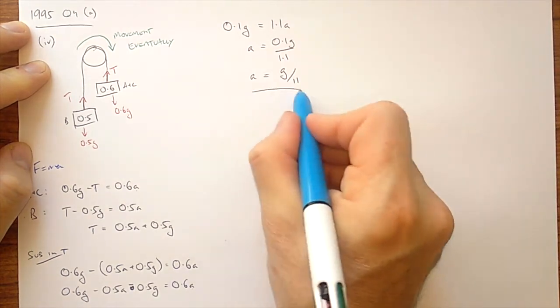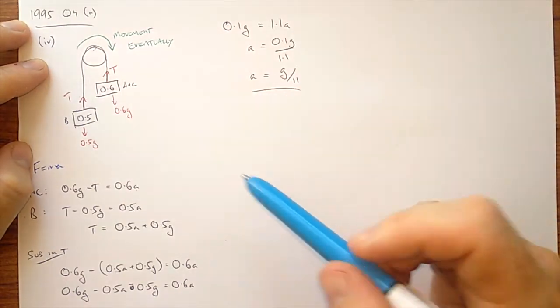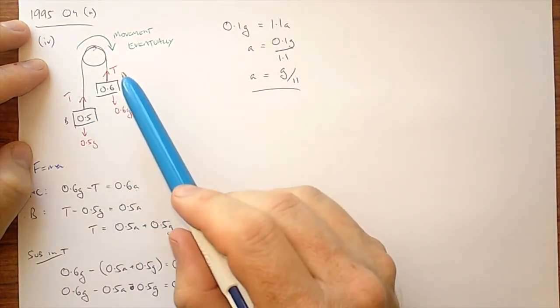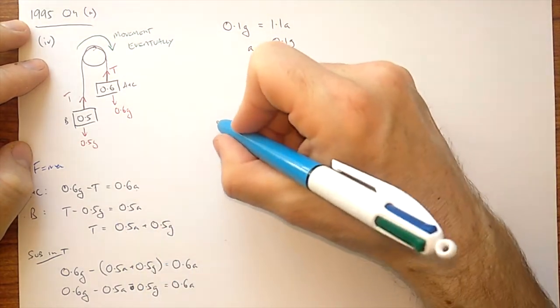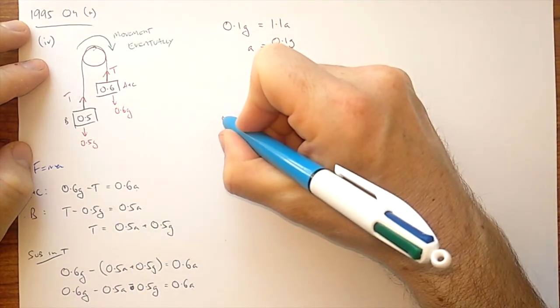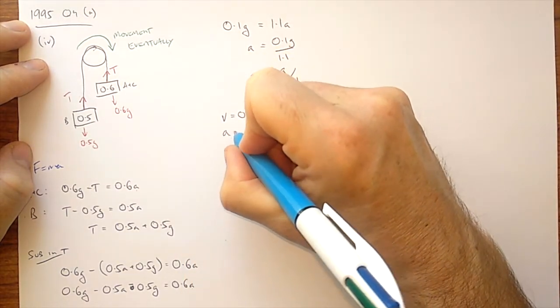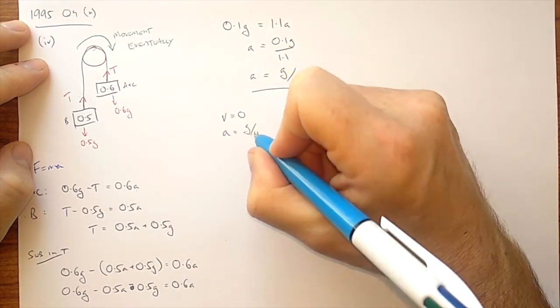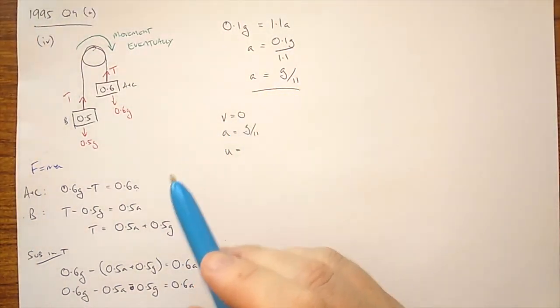Okay, so now I have my acceleration value. We want to know the distance. We know at the top of it, v is going to be 0. So if we think this one, v equals 0 at the top, a equals g over 11, u is the value we worked out just on the previous page.